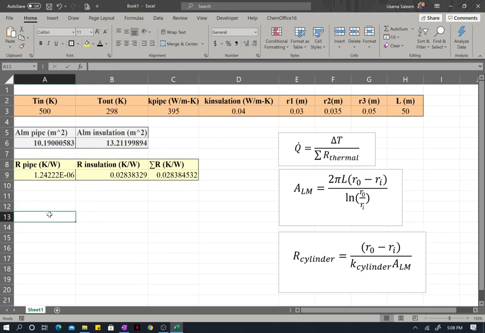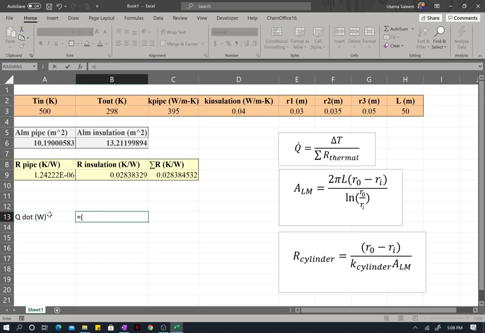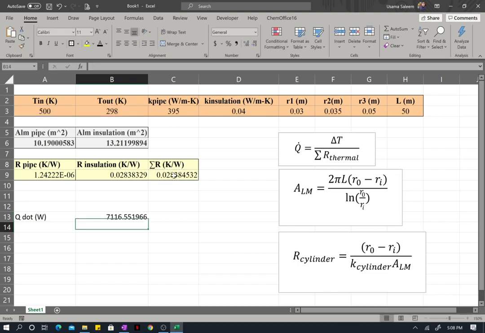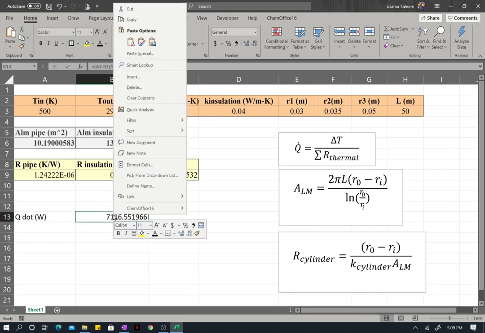So now the moment of truth: the rate of heat transfer, Q dot, in watts. That's just going to be the overall temperature difference, T in minus T out, divided by the net thermal resistance. There you go.